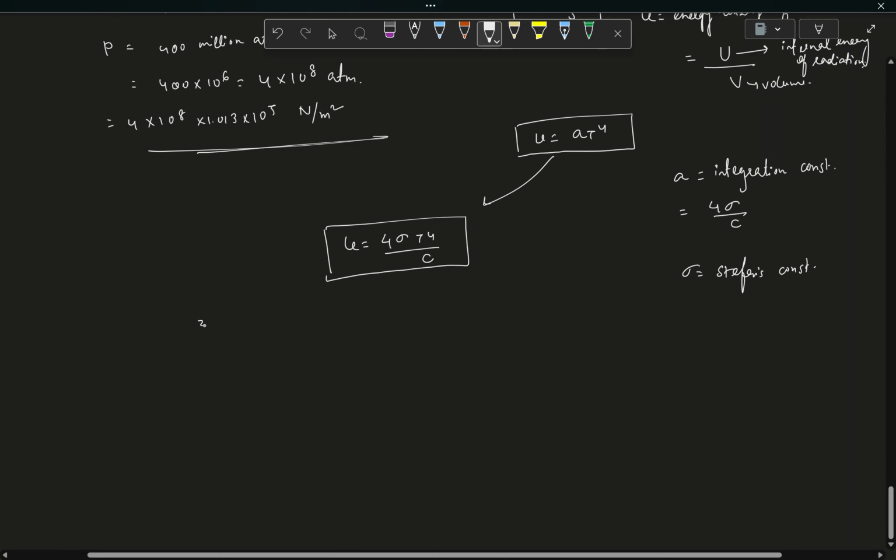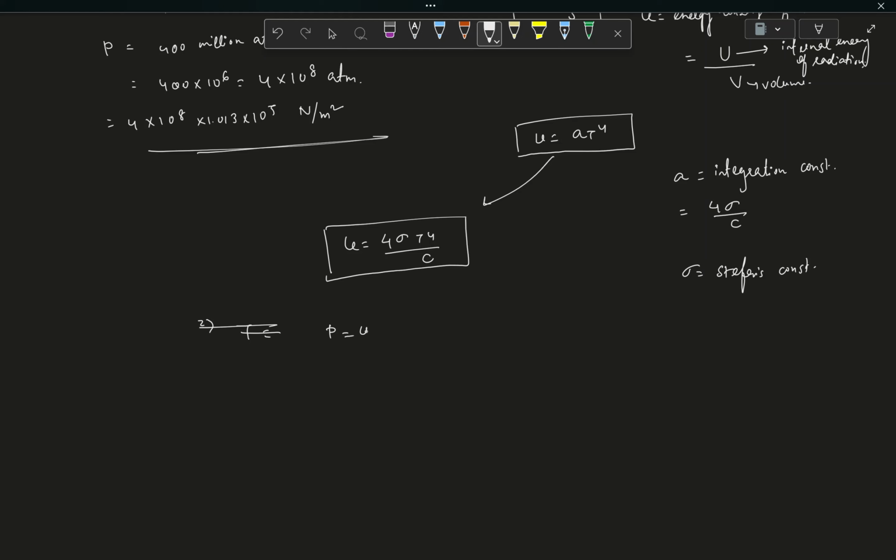So then what is T from here? We have to go further, that P is equal to U by 3, right? So P equals 4 by 3 sigma T to the power 4 by C. So then what is the T value?